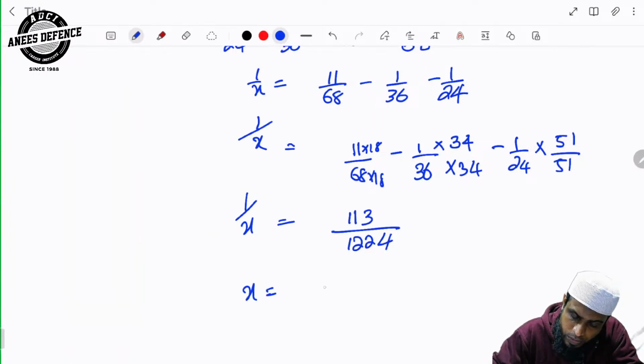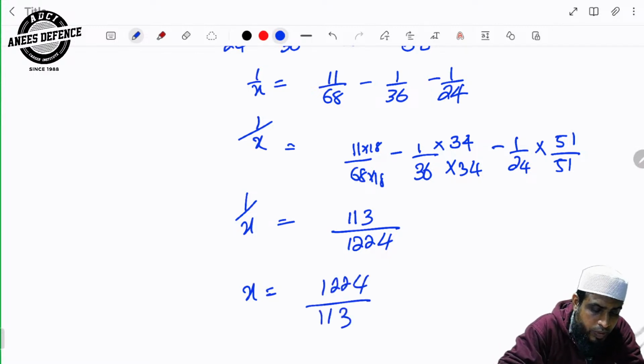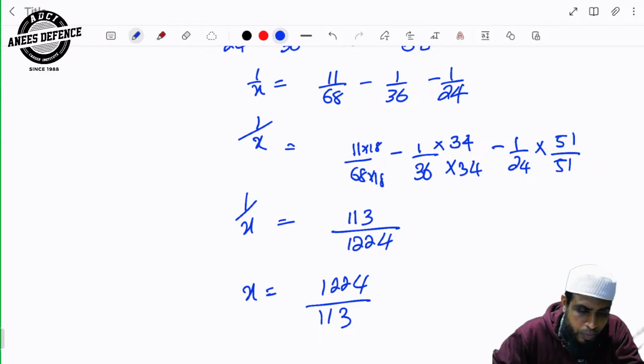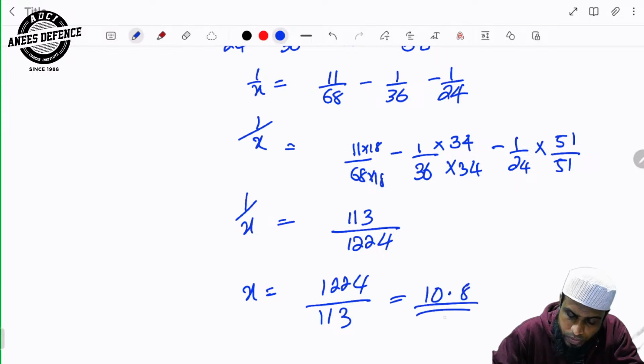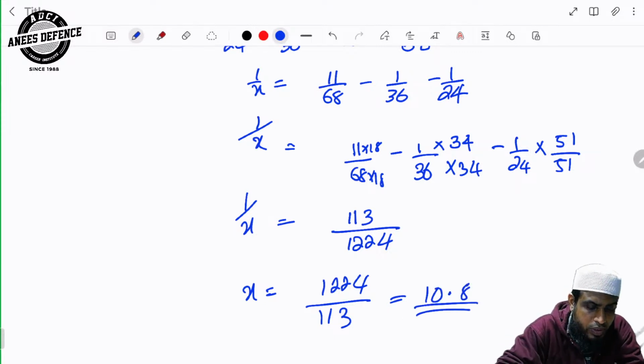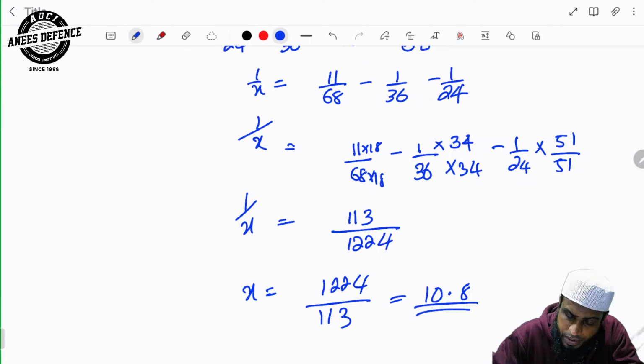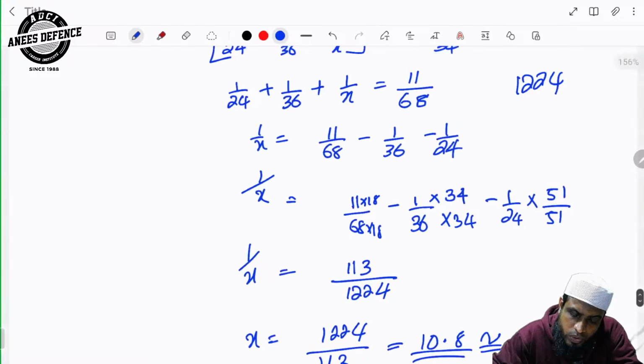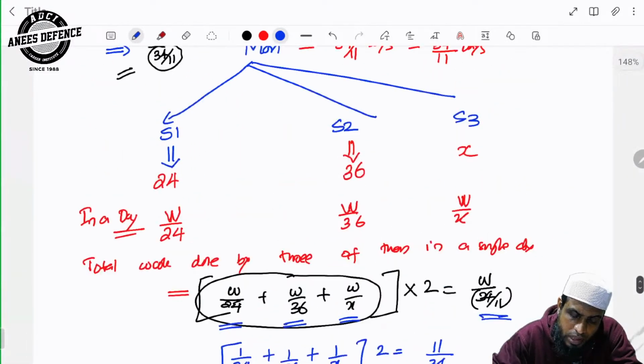So X is equal to approximately, you will get some 10.8 value. You can say that the answer is 11 days, approximately equal to 11 days. So this is the answer of the question, 11 days.